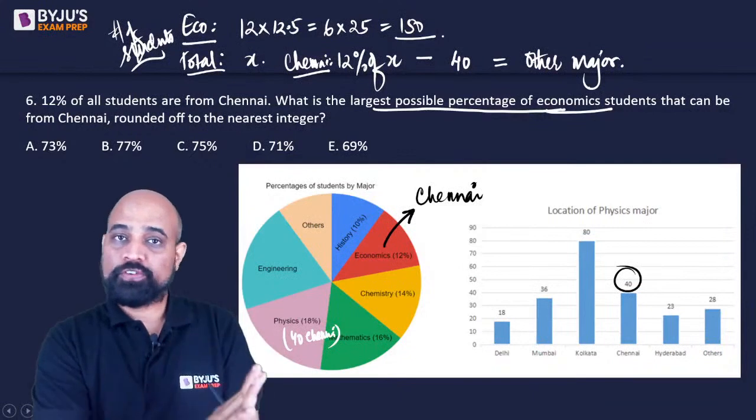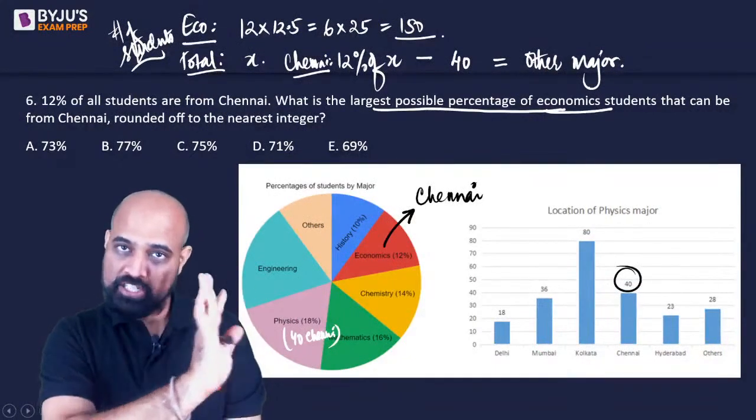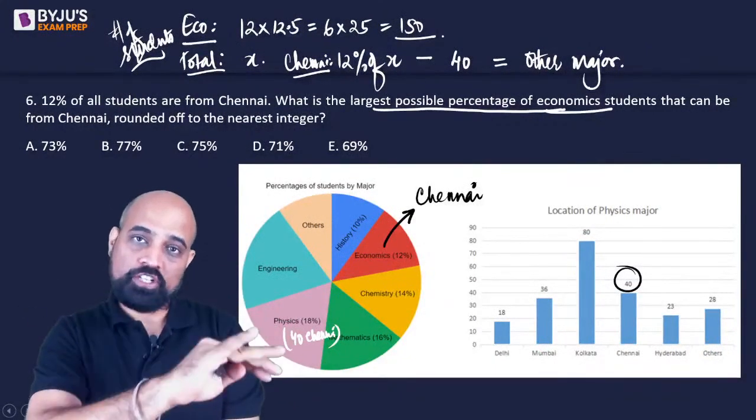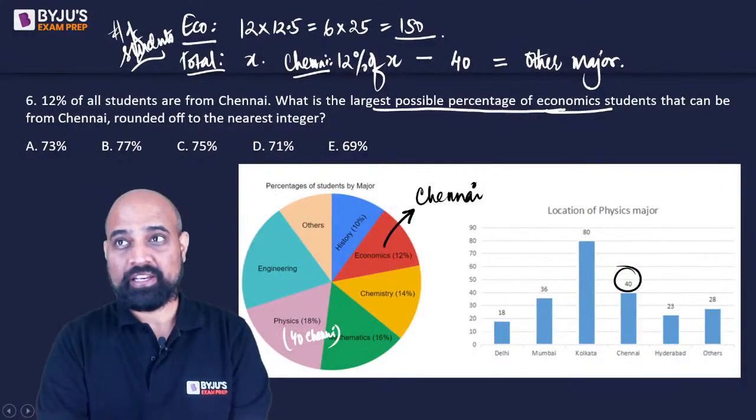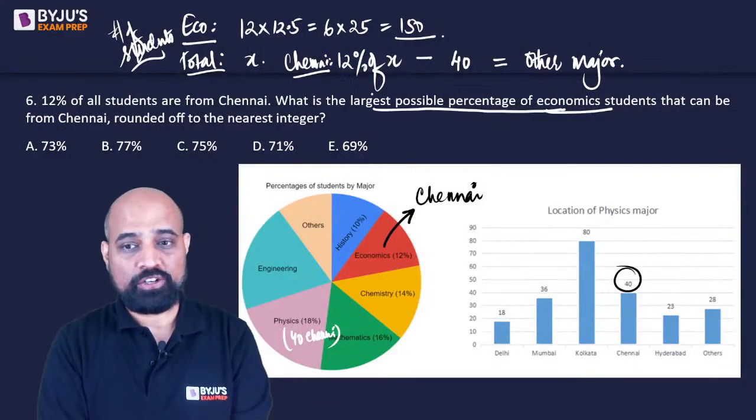Say 12% of X is total number of students from Chennai. ये Chennai students हैं total. उसमें से 40 if I remove who are part of physics major. So can we say the remaining students can go to economics, right? ठीक है.